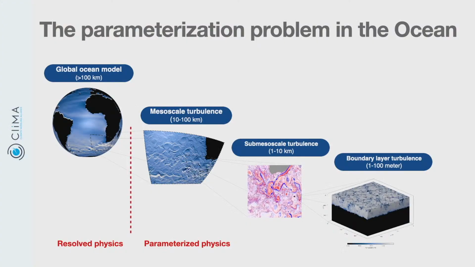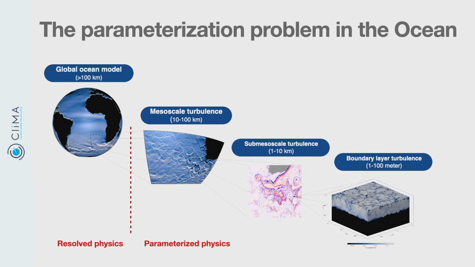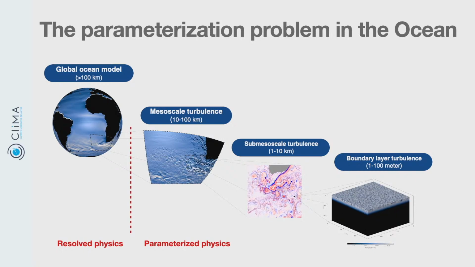We have submesoscale eddies, which are basically the same type of eddies, but are constrained in the mixed layer, so only in the first 100 meters of the ocean. Going down all the way to boundary layer turbulence, this is the classical non-hydrostatic isotropic turbulence that has scales of 1 meter. That's characteristic of convection in the upper ocean, bottom boundary layers, or even internal wave breaking.